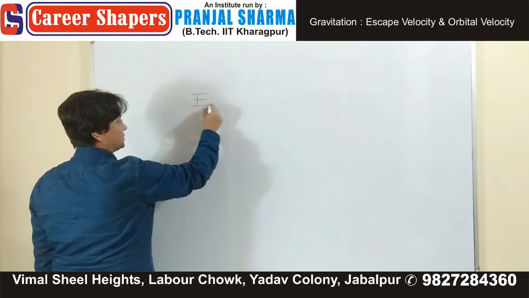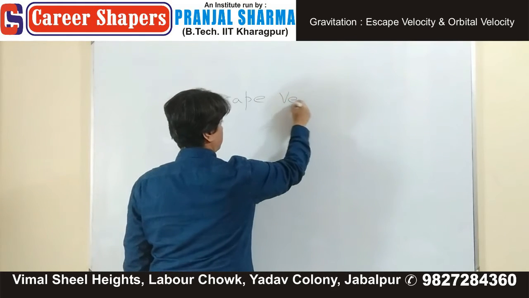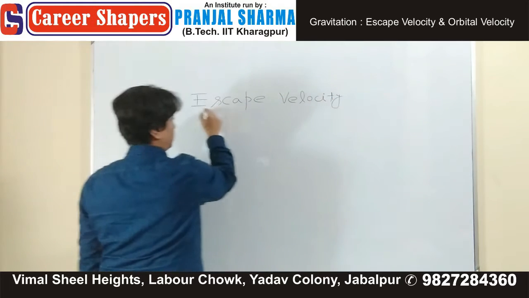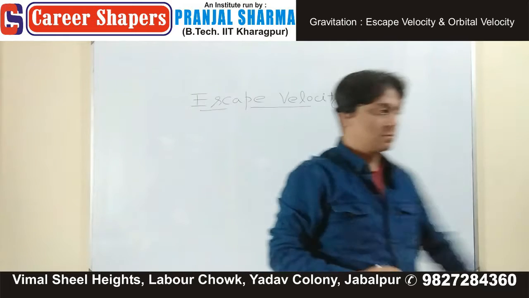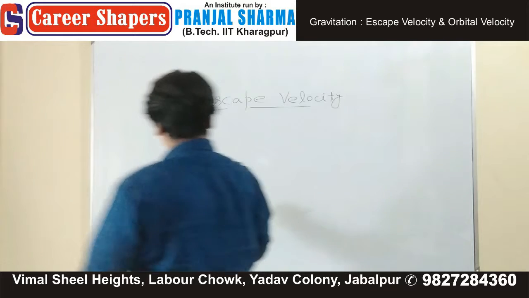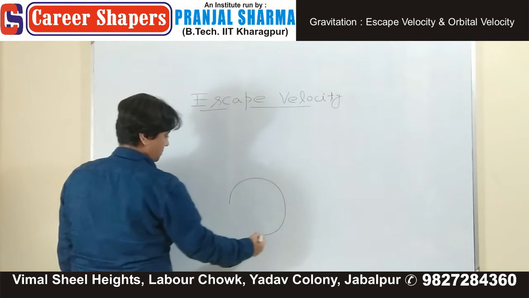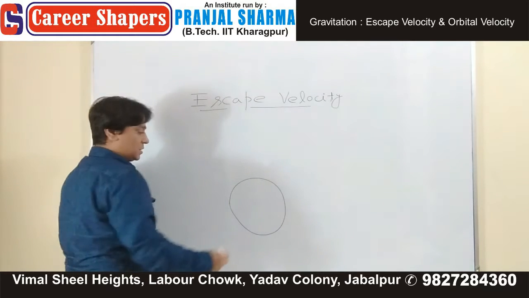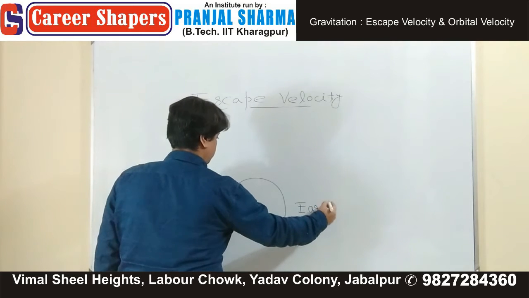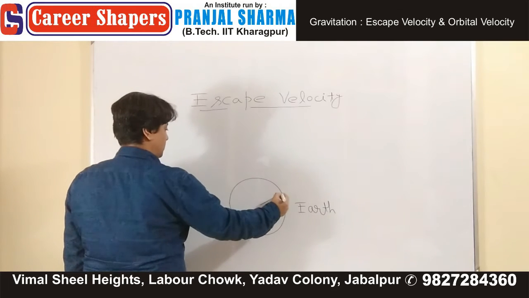Write down the escape velocity. This is Earth, mass m, radius r.